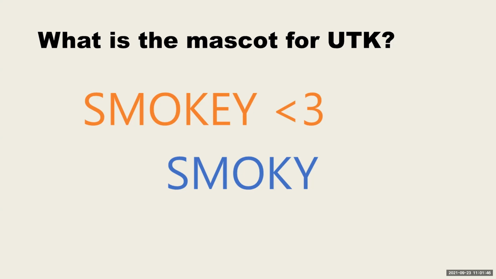Now, I would have to go in there and add Smokey with a heart to get that one to count as a correct answer. But the great thing is you can go and edit your correct answers afterwards, and it will go back and regrade everyone in one fell swoop.